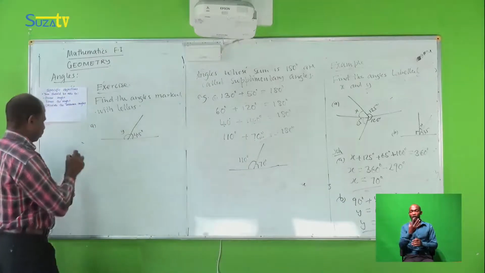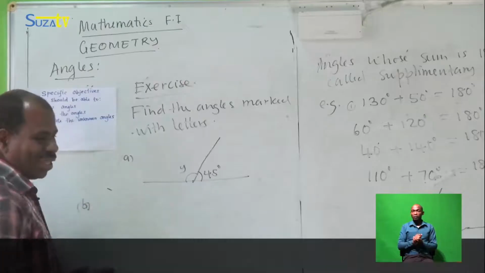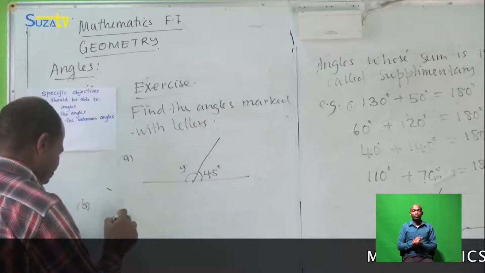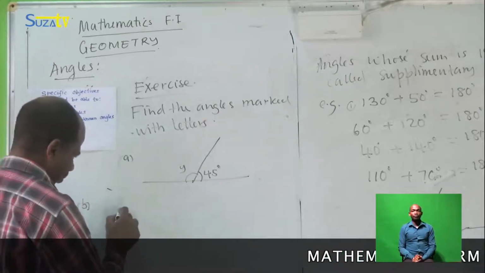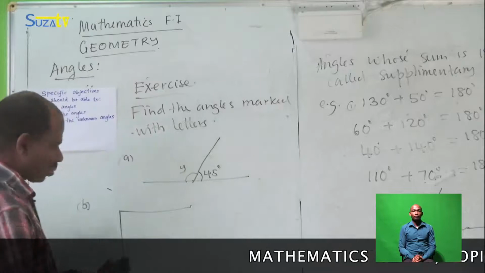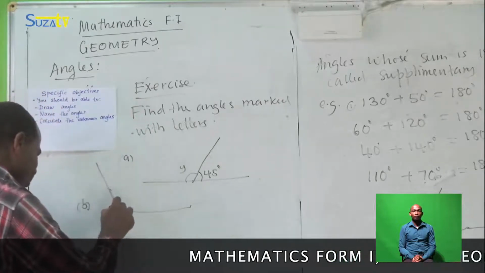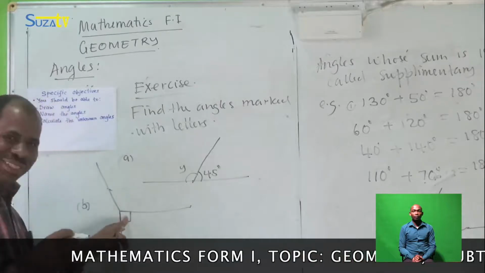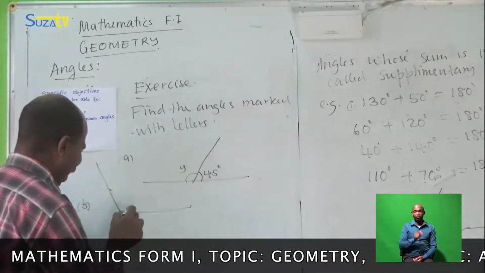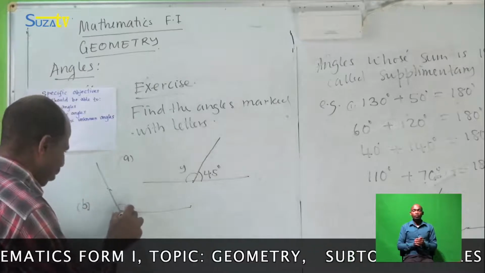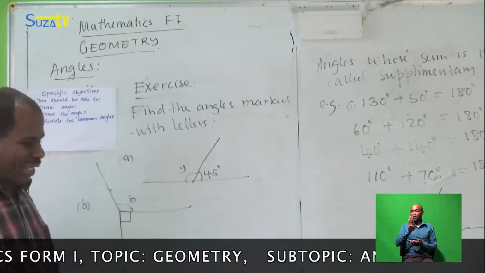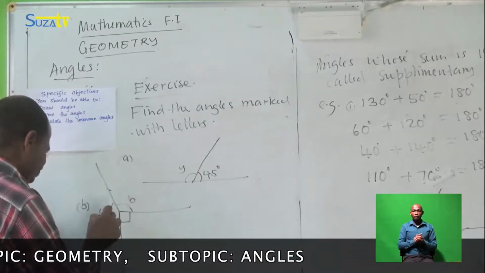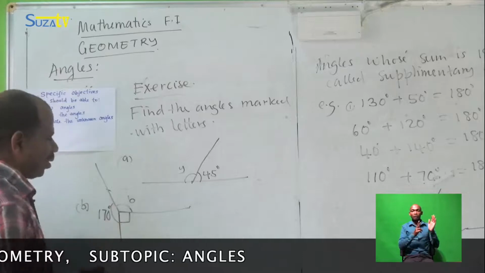Number 2, or number B, you see this, okay? And here is angle B. And this is 170 degrees.